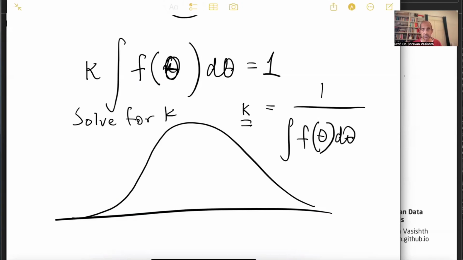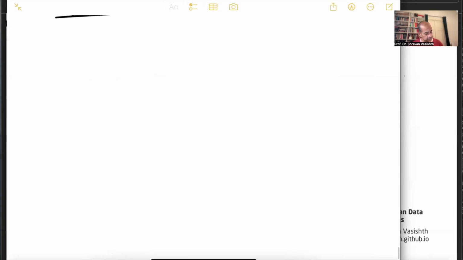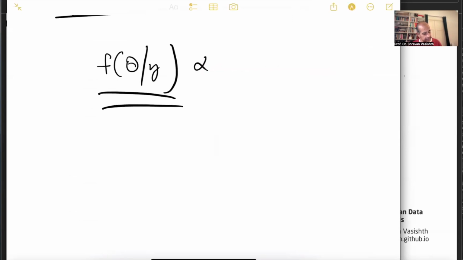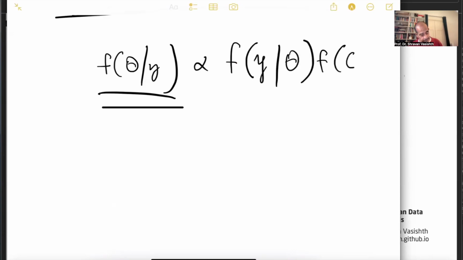So this normalizing constant, once I know it, in the context of Bayes' rule, f of theta given y, if I know this probability density function up to proportionality, that means I know the product of these two. And of course, I will show you how all this works in a moment.